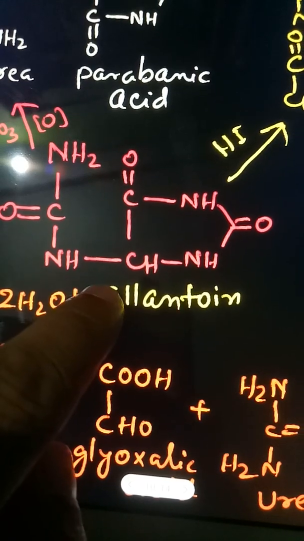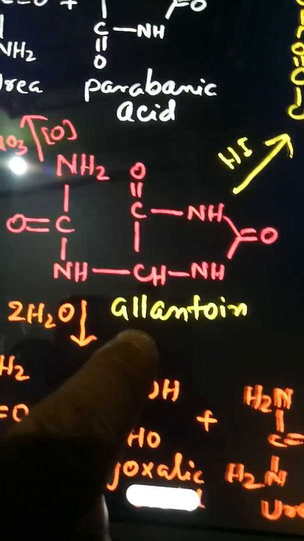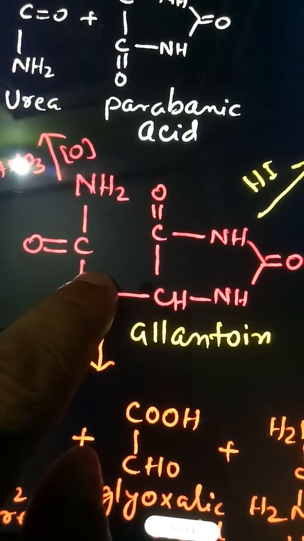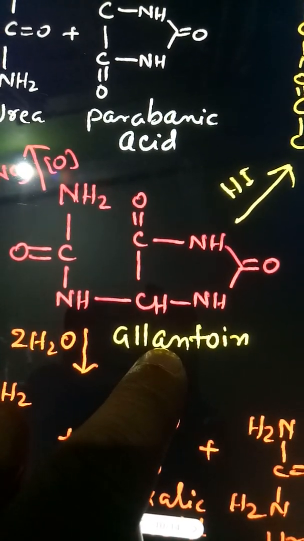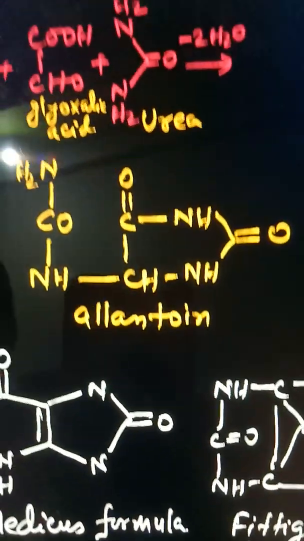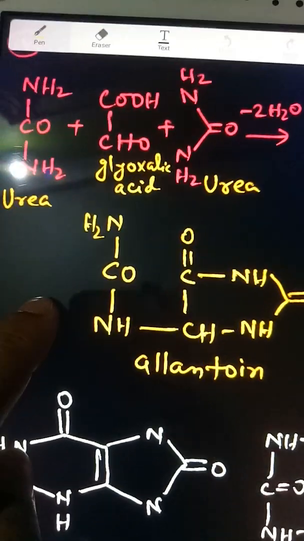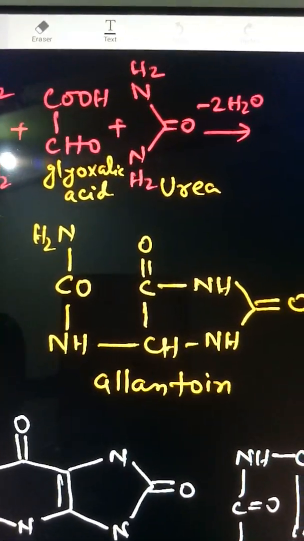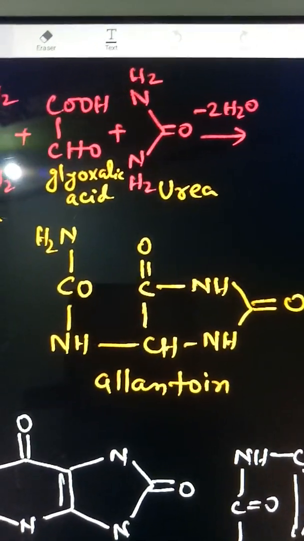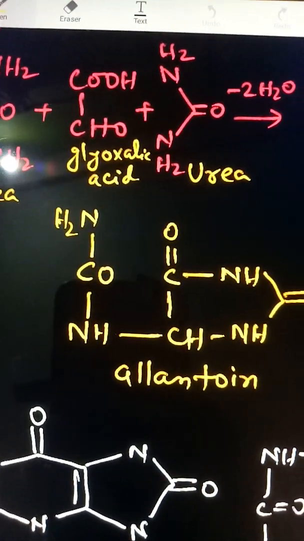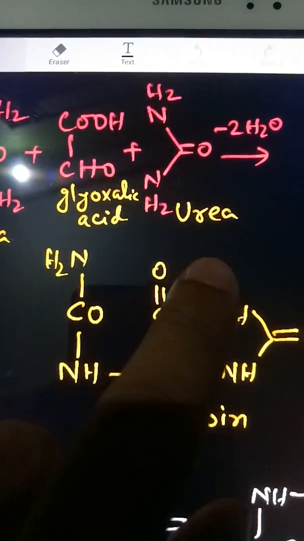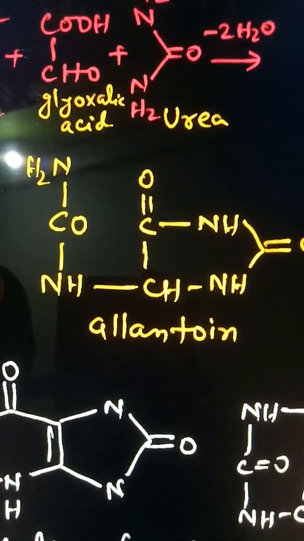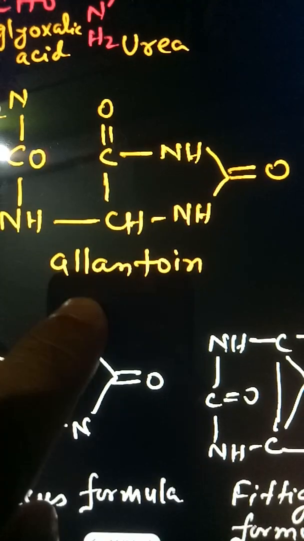So it indicates the structure of allantoin is this. So you know the alloxan structure, you know the allantoin structure. So how do you confirm the allantoin structure? Obviously by synthesis. So 2 molecules of urea and glyoxylic acid after elimination of 2 water molecules will give allantoin.